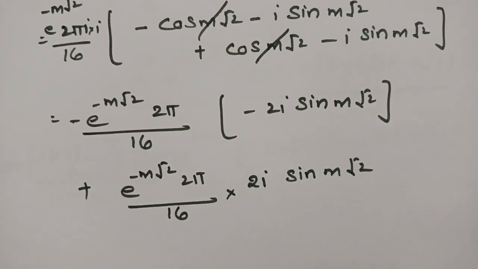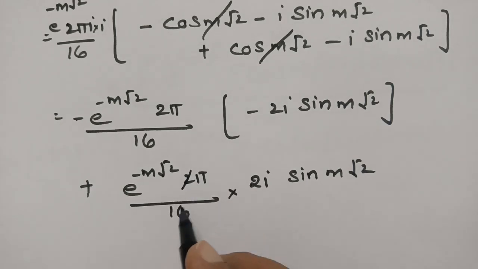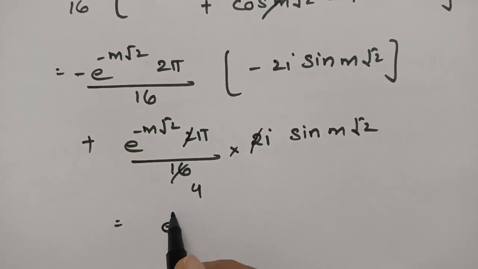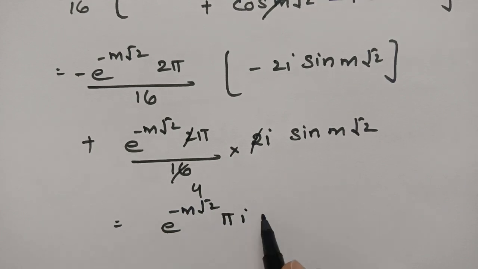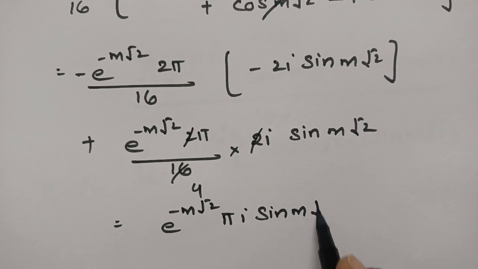Clear? Now which one can I cancel? I can cancel this 2 and 2, this is 4, and 2 2s are 4. So what remains here is e power minus m root 2 times pi I times sine m root 2 by 4.